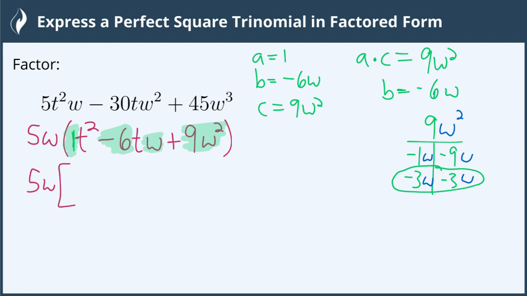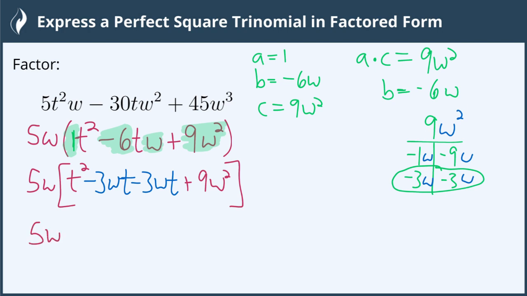And then we're going to break apart the middle term for what is still left inside. So we have the t squared still, and we have the plus 9w squared still. But then we are breaking that middle term up into minus 3wt minus 3wt. So that allows us to now factor by grouping.